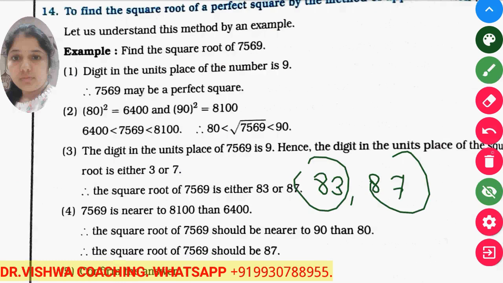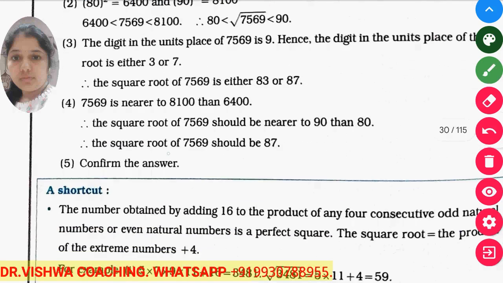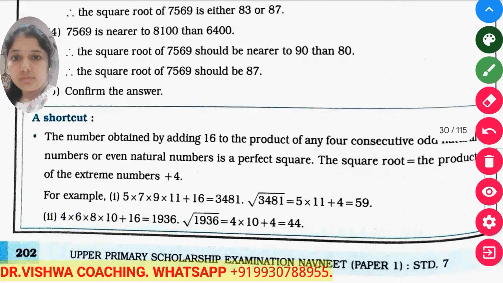Understood? So like this you can calculate. So nearer to which number is it? Nearer to 8100 or nearer to 6400? It is more nearer to 7569. So it is the square of 87. So this is the trick to find the square root of the bigger number.